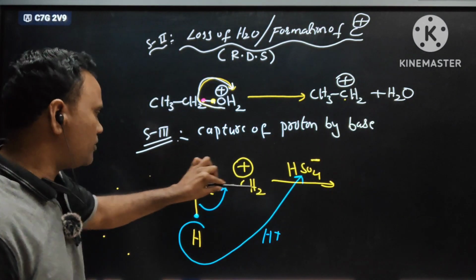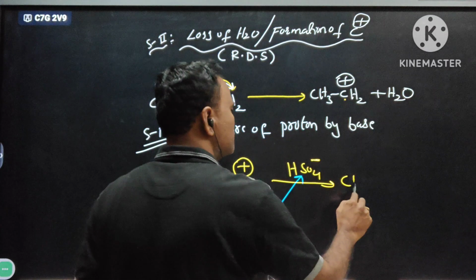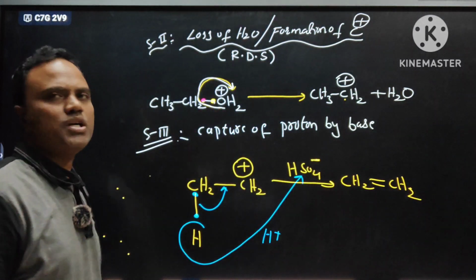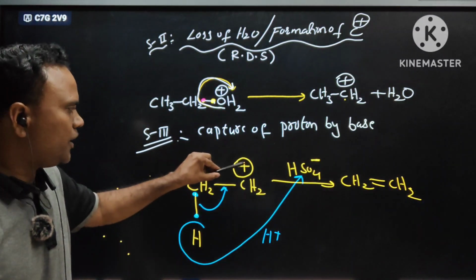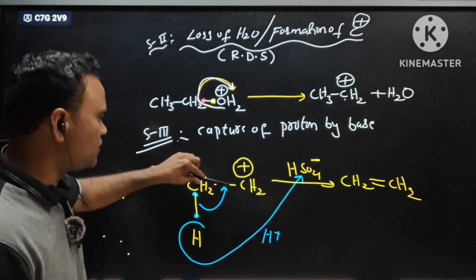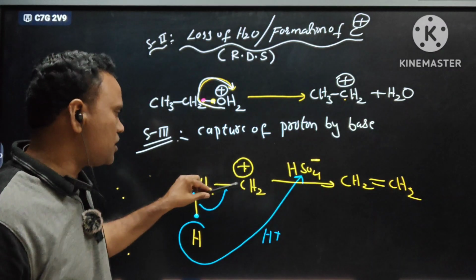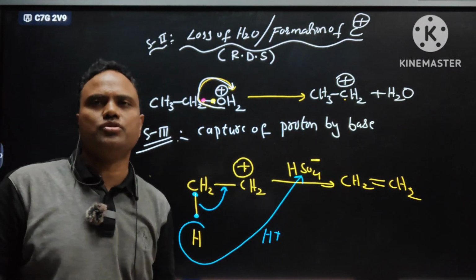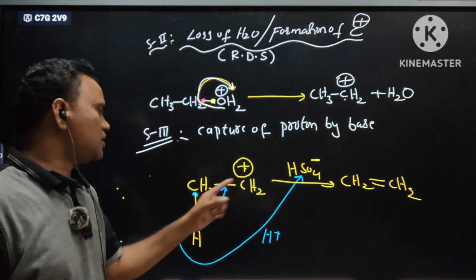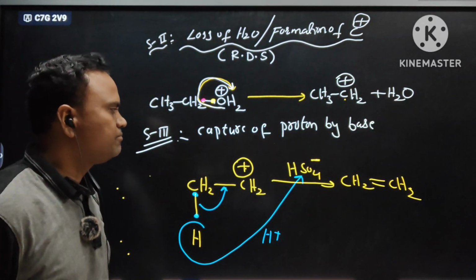So in between these two, a double bond will come: CH2 double bond CH2. Why does the positive charge disappear here? Because a bond is coming, and a bond is nothing but electrons. Electrons are coming towards the positive charge. Clear?